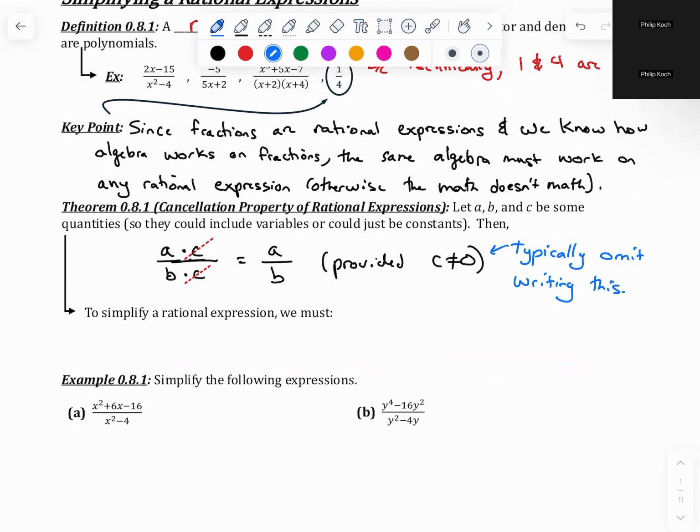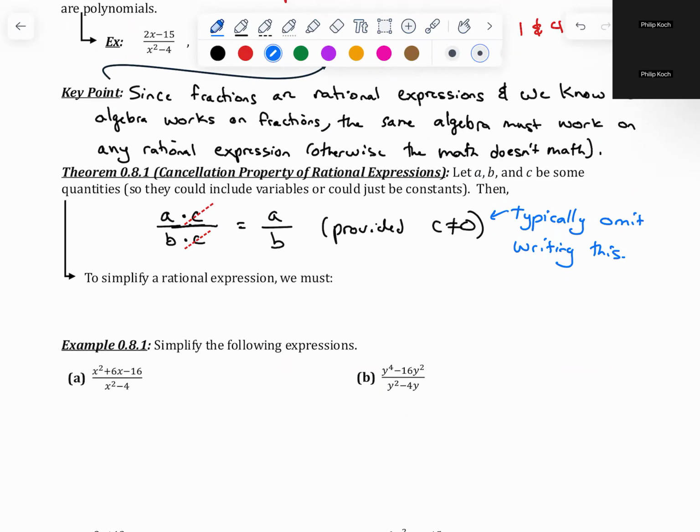The point being, if you have a factor in the numerator and the same factor in the denominator, we can cancel them, whether they're numbers or expressions with variables. So to simplify fractions, we must factor the numerator and denominator, and cancel common factors vertically.